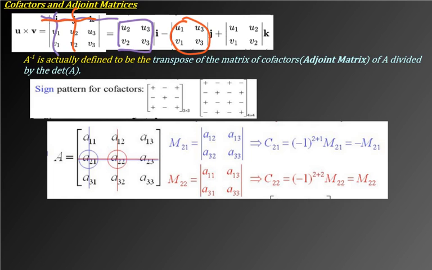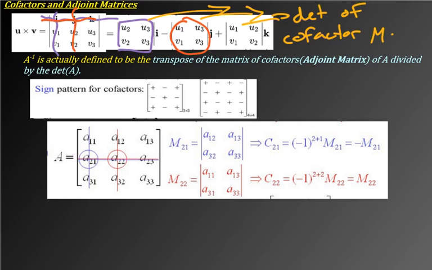They're basically the leftover parts when you cancel out a row and a column. There's a lot more I could say about that, but these three things are cofactors. Technically, these in the cross product are the determinants of cofactor matrices. But you're going to need those.